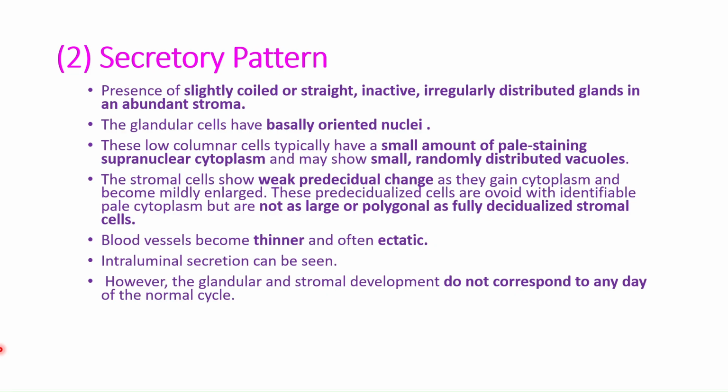So the second pattern is the secretory pattern. Here there are slightly coiled or straight or inactive, irregularly distributed glands in abundant stroma. Basally oriented nuclei are there. Low columnar cells have a small amount of pale-staining supranuclear cytoplasm. Some cells show randomly distributed vacuoles.